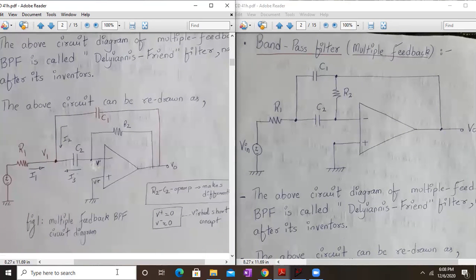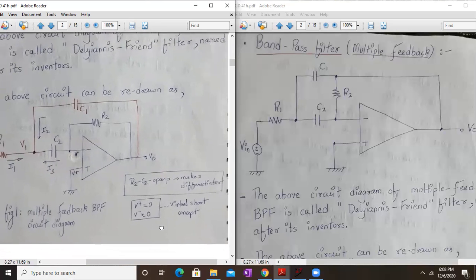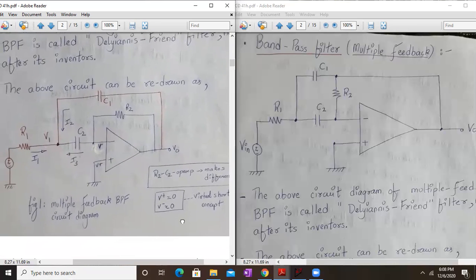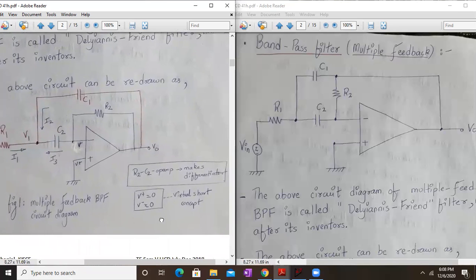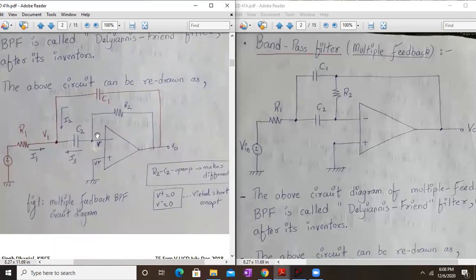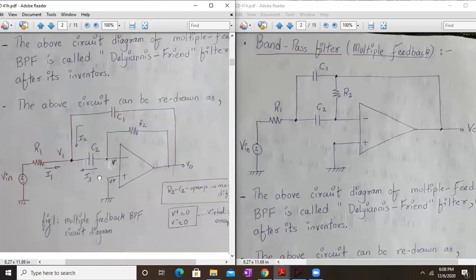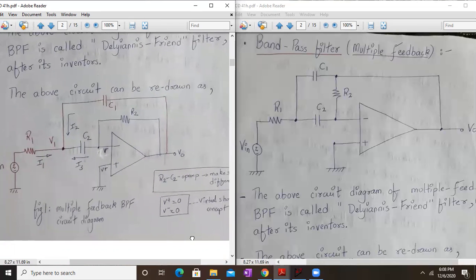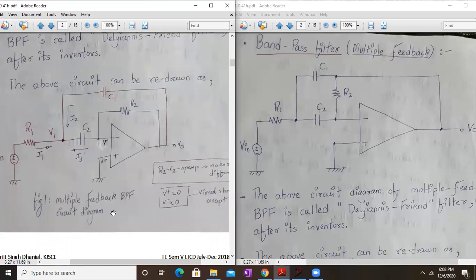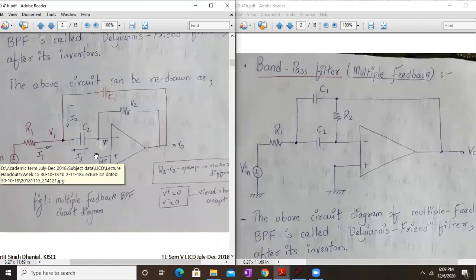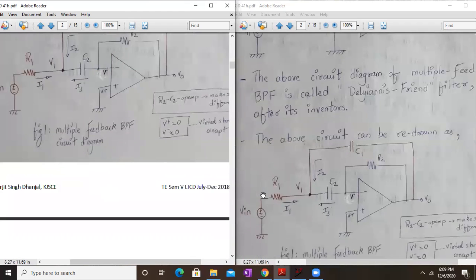R2 and C1 are readjusted and drawn like this because this will help us solve it very clearly. Over here, R2 and C2 make a differentiator. You see, it's an internal loop. And here we can easily say by the virtual ground concept that V plus is approximately equal to V minus. So these are the two things which we will take care of.